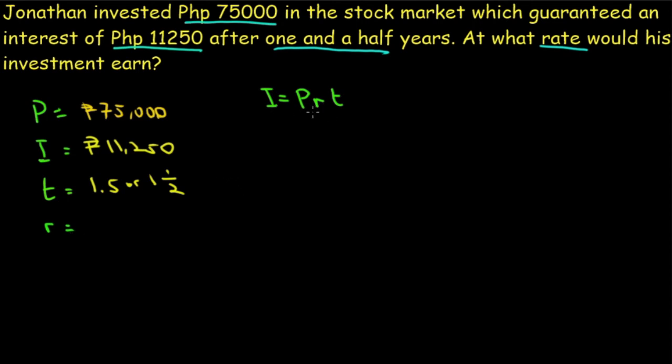Now we can manipulate this formula para alam natin yung gagamitin natin to solve for R. Same thing, kaya sabi ko kanina, pwedeng i-plug in mo muna tsaka ka mag-isolate ng value ni R, or i-manipulate mo na yung formula para plug in mo, simplify, tapos ka na.